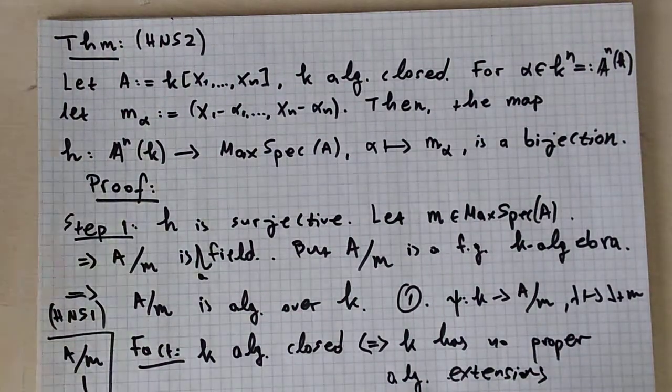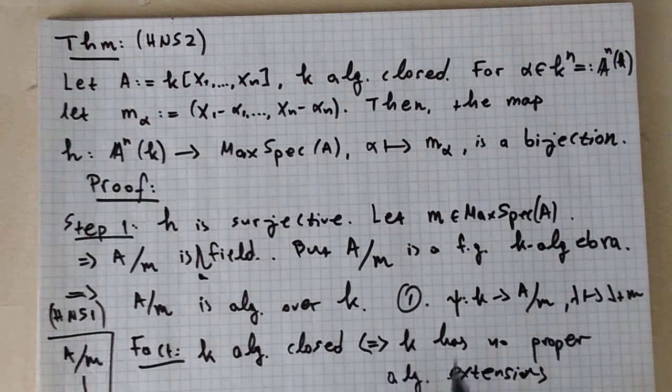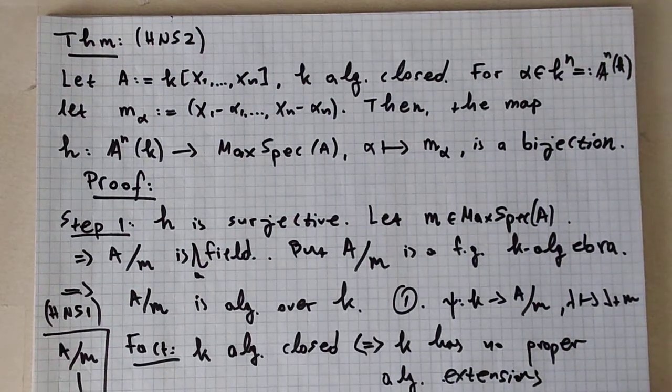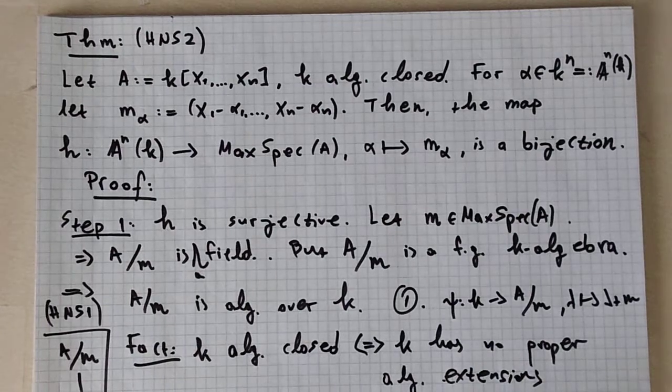In case you don't remember this, if you just Google K algebraically closed field, then I think even the page in Wikipedia is going to be enough. It has a short proof of this implication, right? So we assume that K is an algebraically closed field, and this means that it doesn't have any proper algebraic extensions.